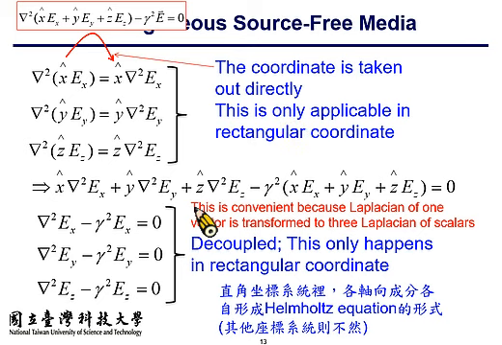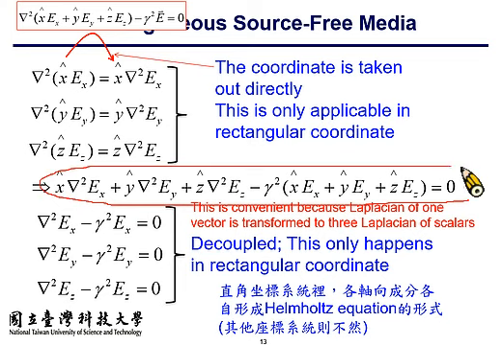So by taking out the coordinates, the wave equation appears in this form, and you can group the results of the same direction together. So here is the x direction result, y direction result, and z direction result. A good thing about rectangular coordinate is the three axes are decoupled.